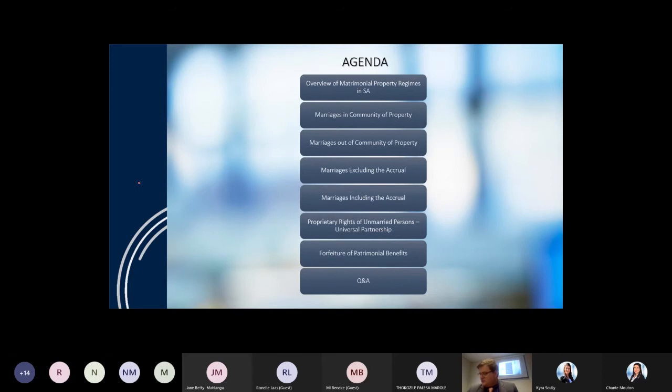Then we're also briefly going to look at proprietary rights of unmarried persons, as well as forfeiture of patrimonial benefits, whereafter we will be going into a question and answer session, time permitting.